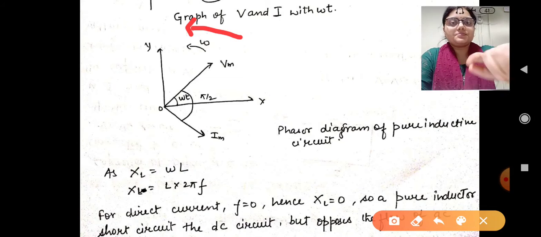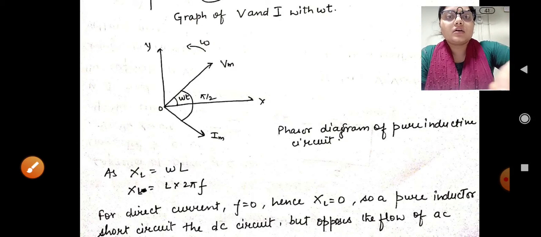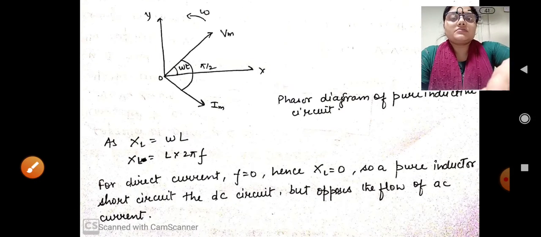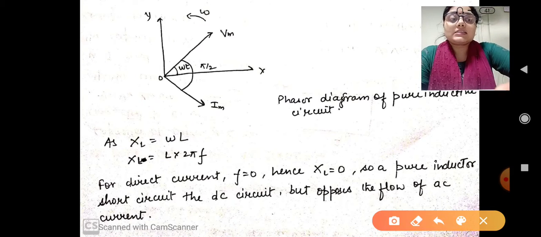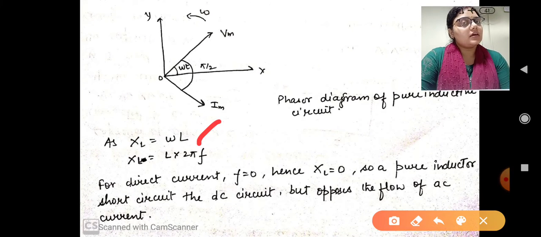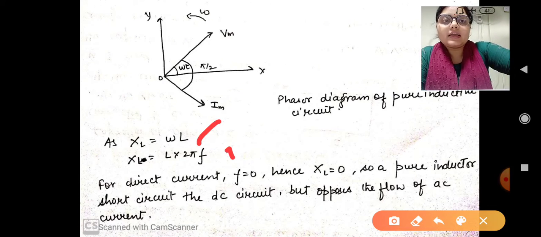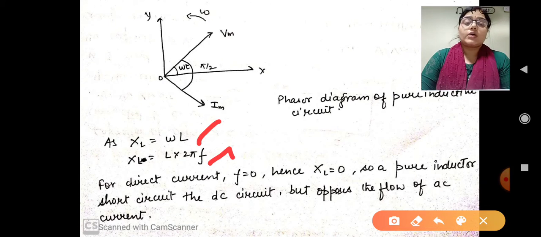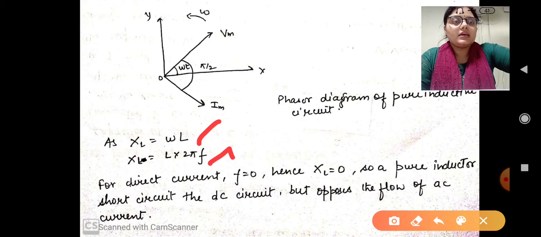Okay, clear? Now here the XL we have taken, we know XL is your inductive reactance, its value is omega L. And omega, the angular frequency, is your 2 pi f. So XL is equal to omega L, and XL we can say is L into 2 pi f.